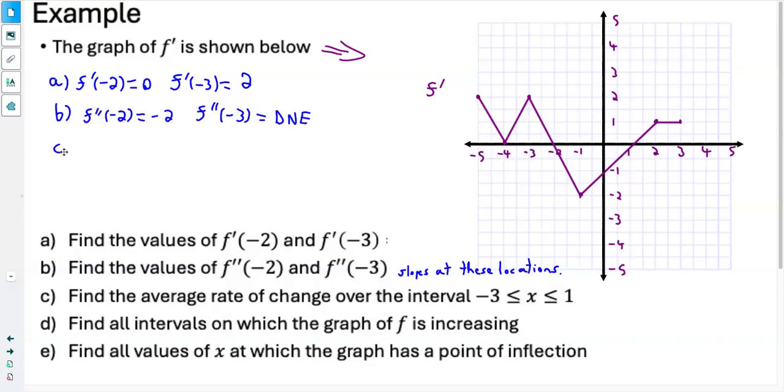Now, if we want to find the average rate of change over negative 3 to 1, that'd be our rate of change from negative 3 to 1. So that would be over this interval. So this would be our slope of a secant line.